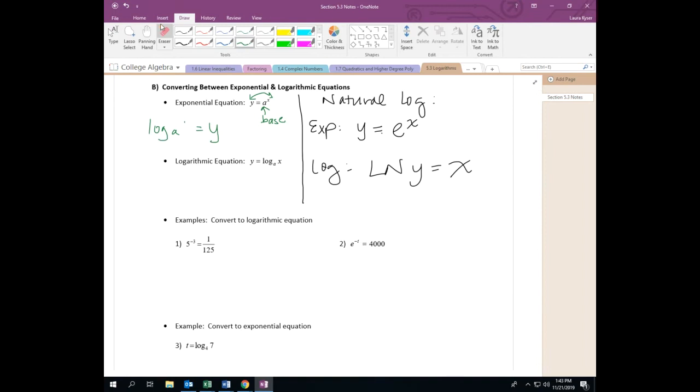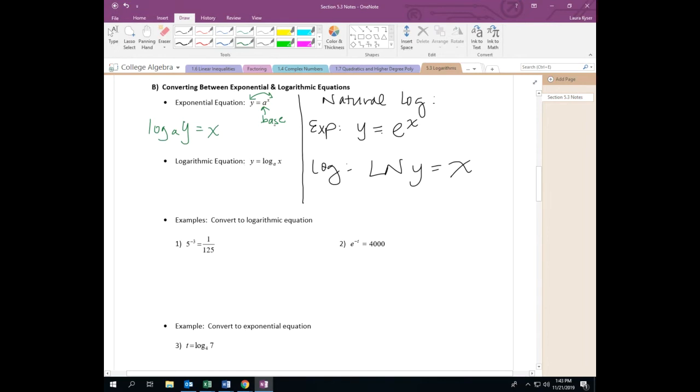I said x and wrote y. The x is going to detach itself and go over to the side by itself, and the y is going to come over and attach to the a. A, y, then x. So log base a of y equals x.